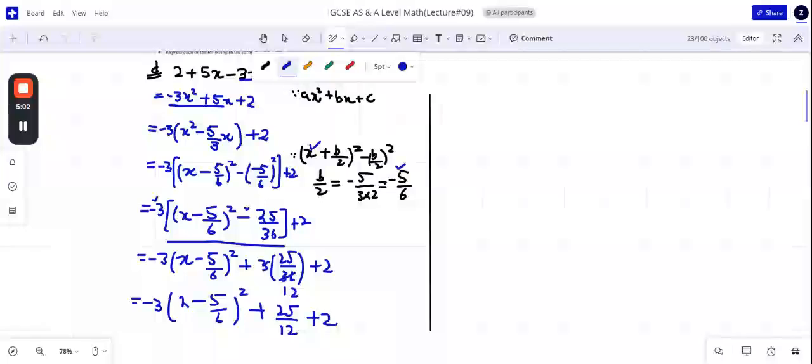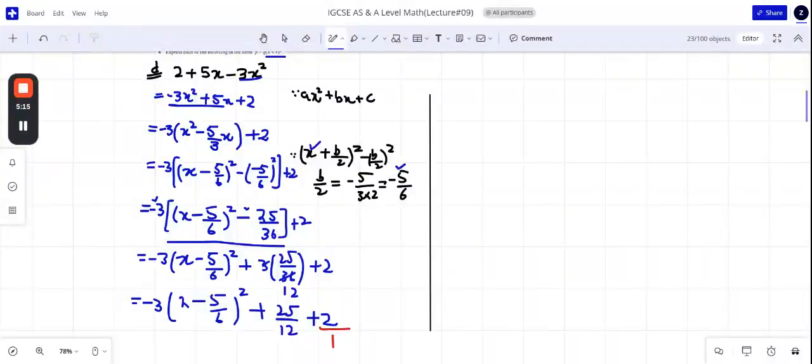Now we have to solve this part, only the constant one. How can we solve it? Because there is no denominator, we can let the denominator be 1. So we need to make the same denominator. We multiply and divide with 12 to make the same denominator.